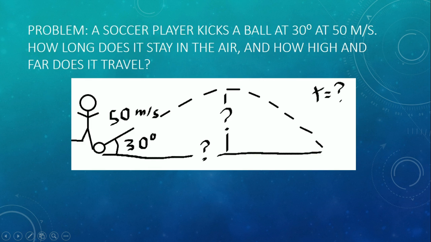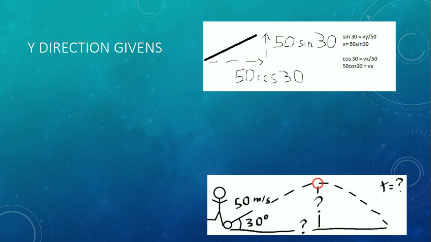So we have 50 meters per second as a vector, and then at 30 degrees. And so we need to find the time, the height, and the range. So first we want to solve for time, which is only affected by the height, by the way. And then we can solve for the height, and last we can solve for the range.